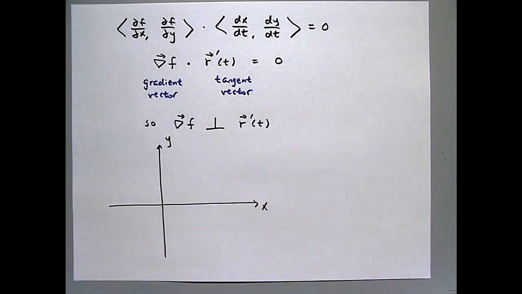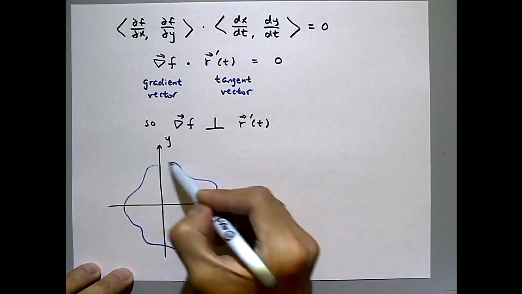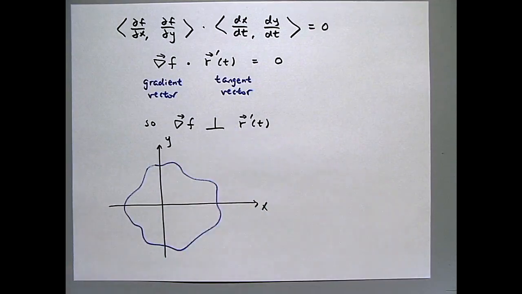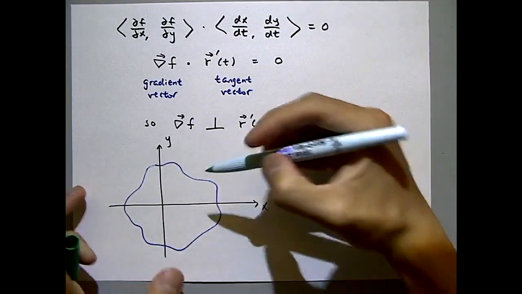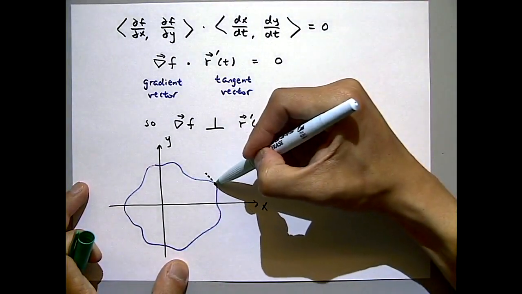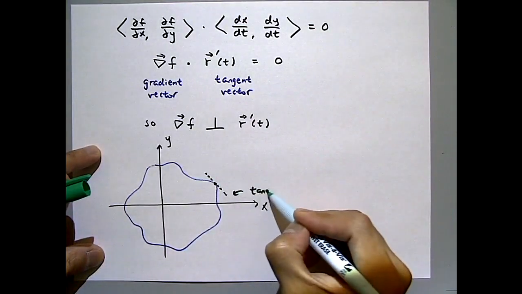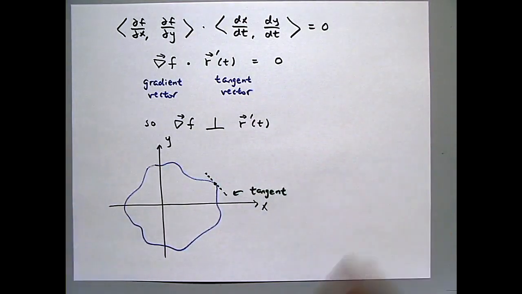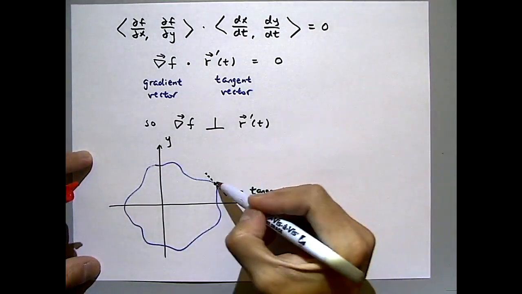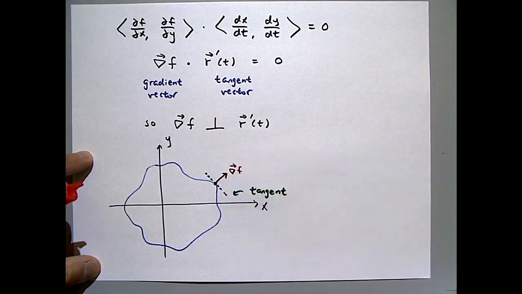In other words, no matter what the level curve looks like, it doesn't matter what kind of shape it has, at any point, this is the tangent vector, and the gradient vector will always be perpendicular to the tangent vector, no matter where you go.